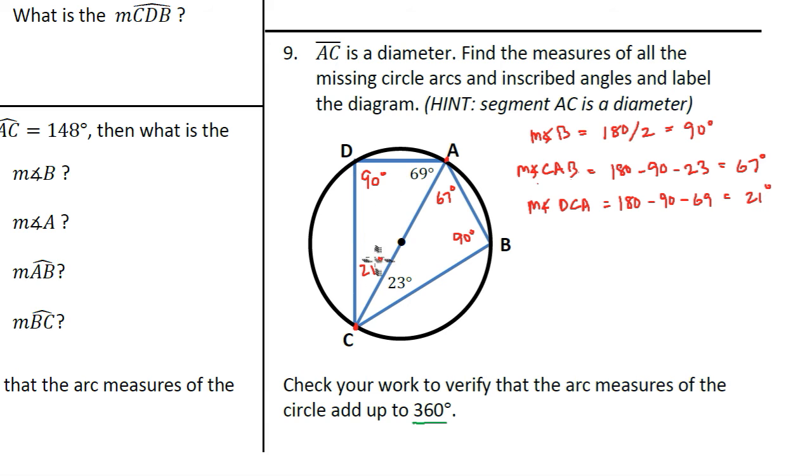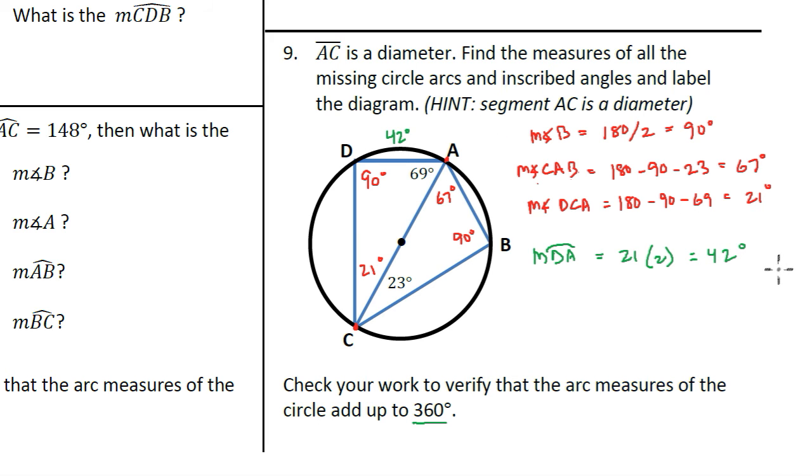If DCA is 21, then the measure of arc DA is equal to 21 times 2. Inscribed angle times 2 gives us the intercepted arc. So that's 42 degrees.